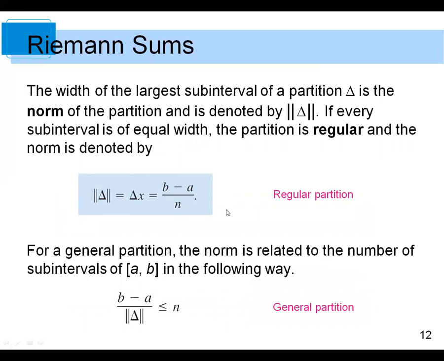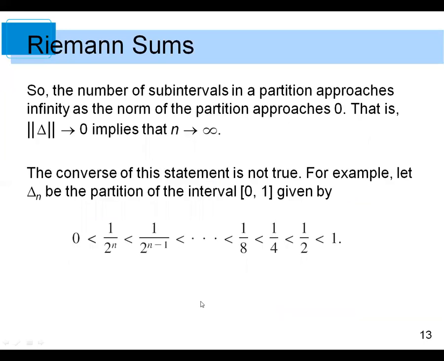For a general partition, the norm is related to the number of subintervals a to b in the following way: b minus a divided by the norm has to be less than or equal to n. That's a general partition. So the number of subintervals in a partition approaches infinity as the norm of the partition approaches 0.